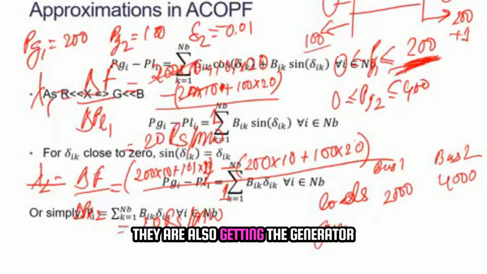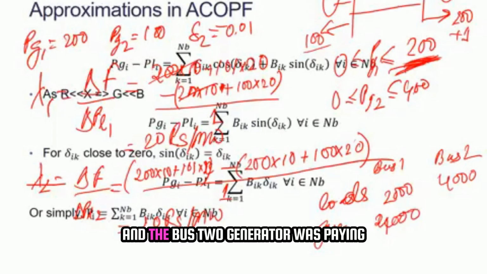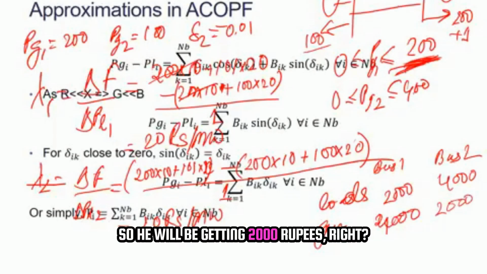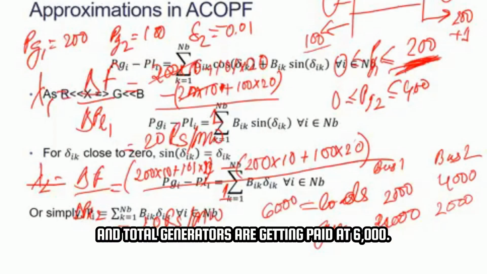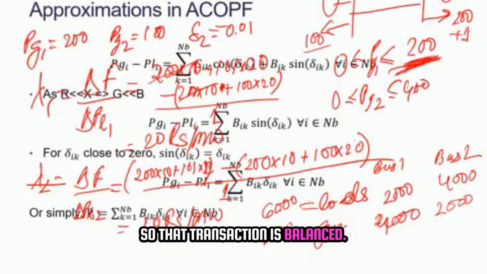Generator 1 is generating 200 into 20, so it will get 4000, and the bus 2 generator, generating 100 megawatt at 20 rupees, will get 2000 rupees. So the balance is there: total loads are paying 6000 and total generators are getting paid 6000, so that transaction is balanced.